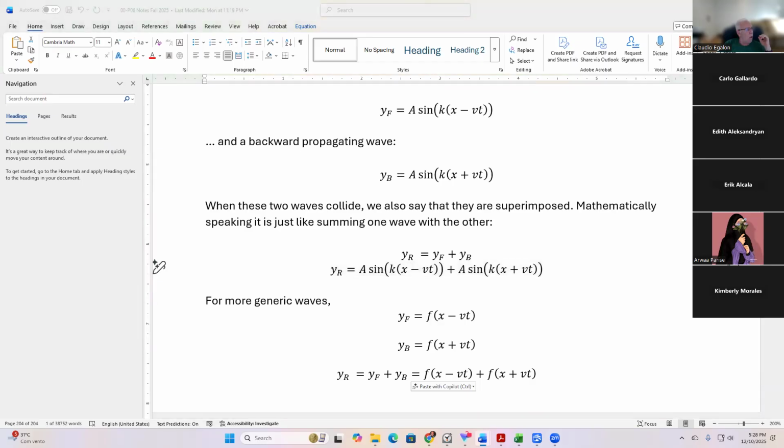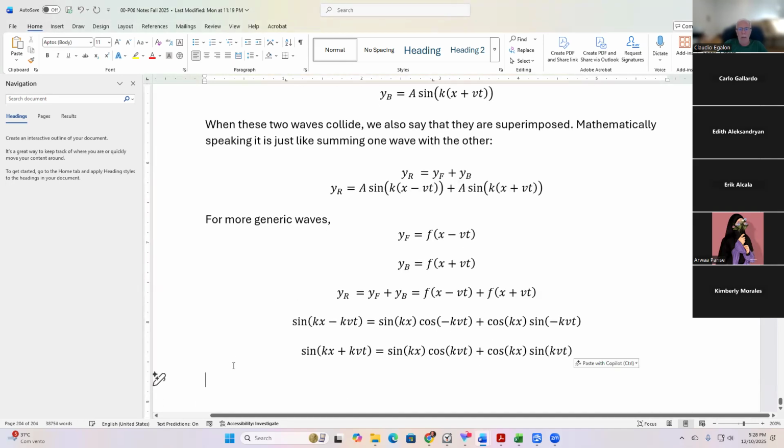Just recall that sine of kx minus kvt, right? Or sine of a minus b is sine of a cosine of b minus cosine of a sine of b. Remember, you learned this relationship, right? And the same, something else like that.